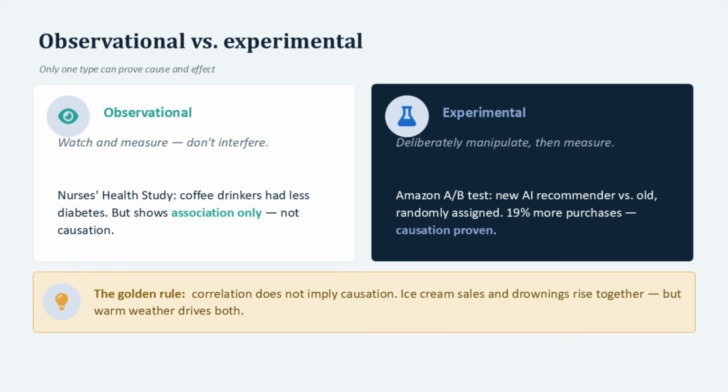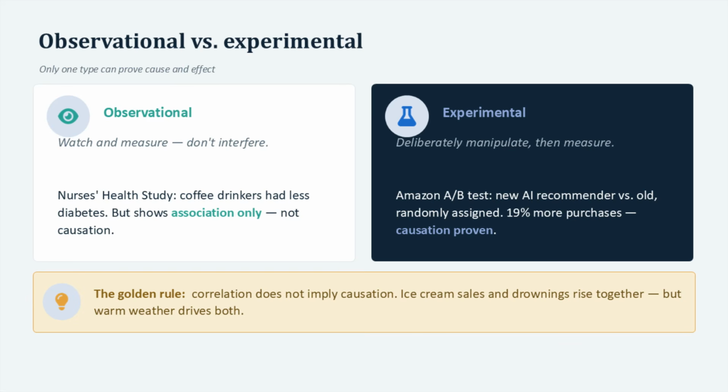Here's the classic example. Ice cream sales go up during the summer. And drowning deaths also go up during the summer. So the two variables are correlated. Does that mean eating ice cream causes drowning? Obviously not. There's another variable involved: warm weather. Hot weather makes people buy more ice cream.